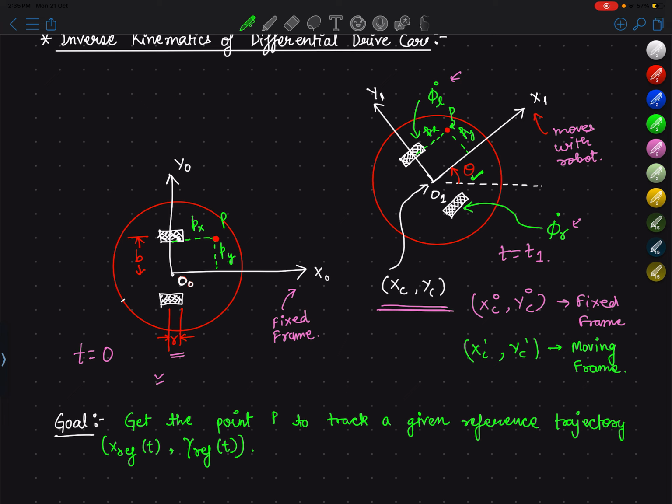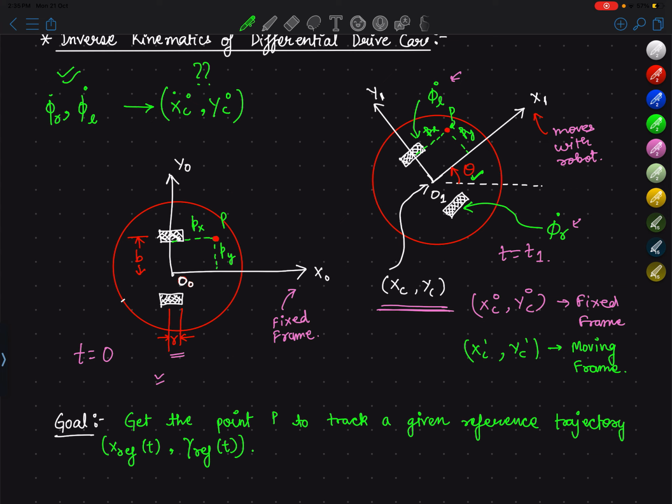So why is this inverse kinematics? In forward kinematics, we knew phi r dot and phi l dot, and we calculated xc naught dot and yc naught dot. This was unknown and this was known.